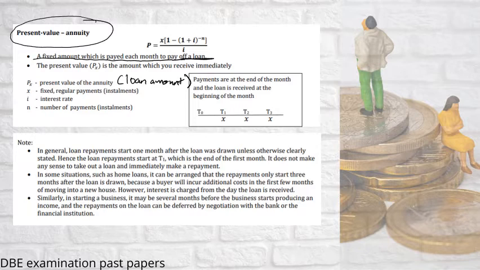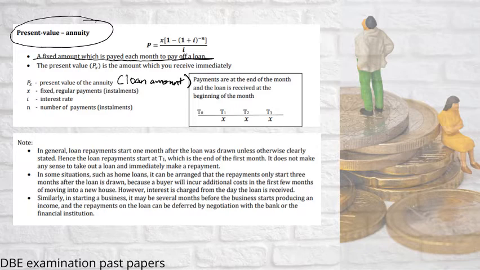Very important. Payments are at the end of the month and the loan is received at the beginning of the month. If the loan is received at the beginning of the month, it means you must start paying at the end of the month.